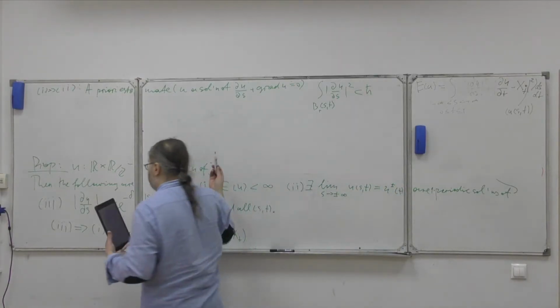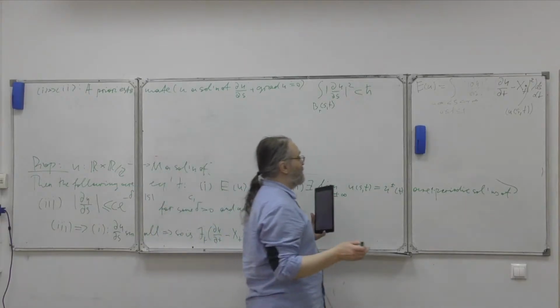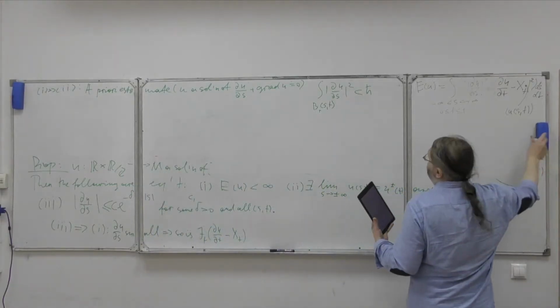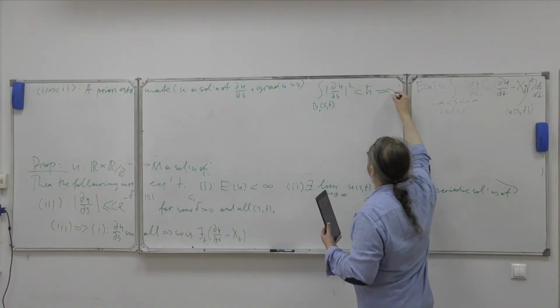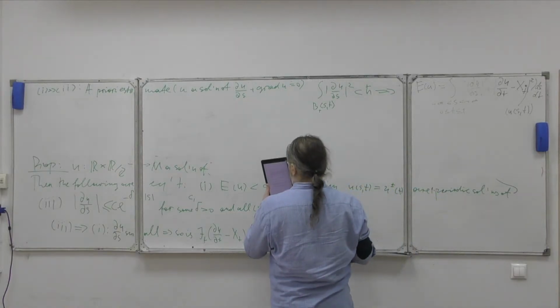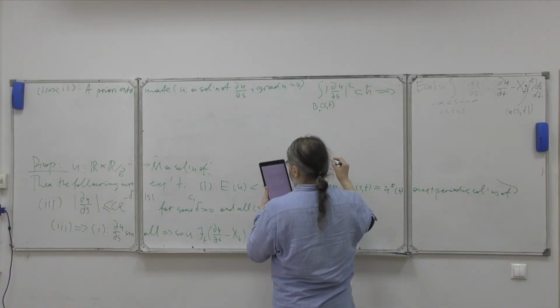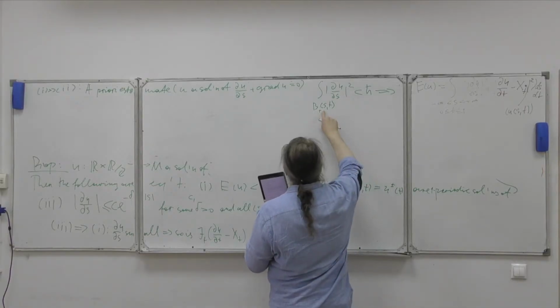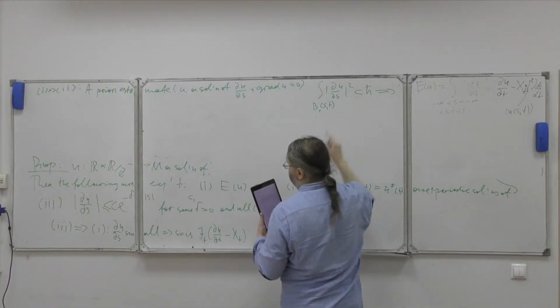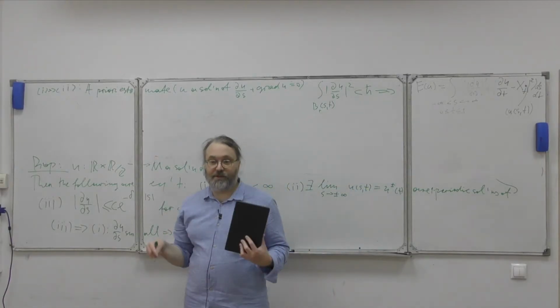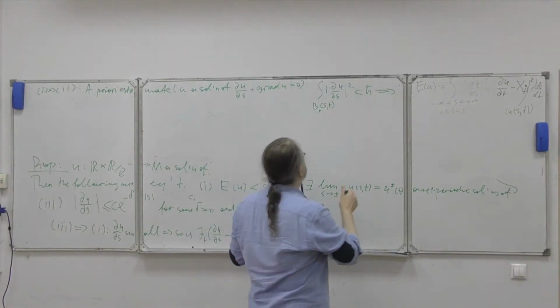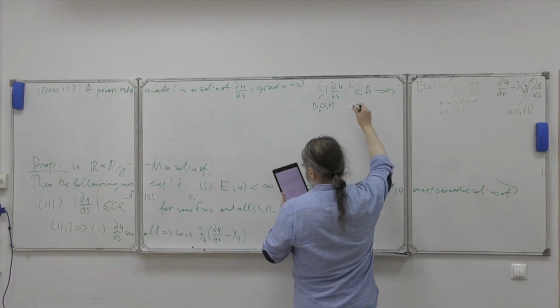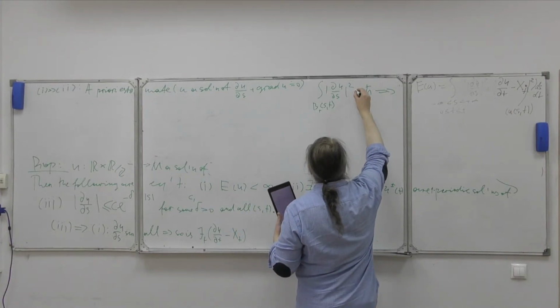I don't know what it has to do with anything, but anyway. So if this integral is less than h, then, and here we have s and t, which are fixed. So we fix s, t, and r, and we suppose that this, by the way, here we integrate dr, ds, dt.